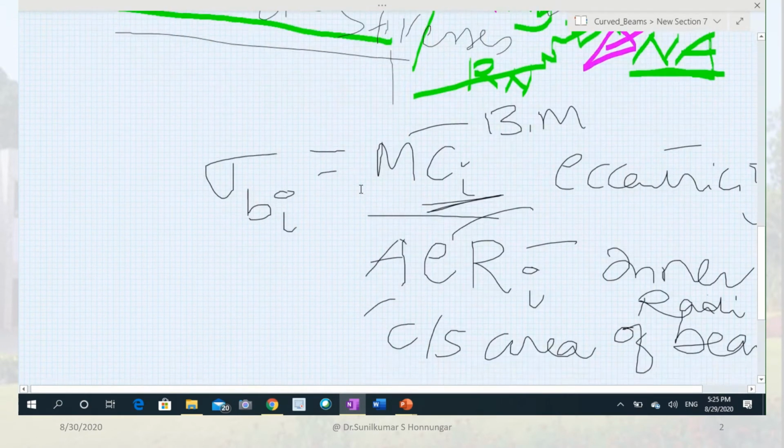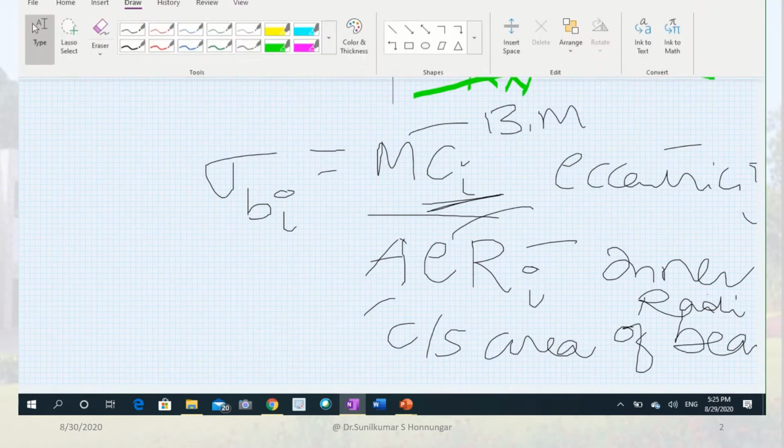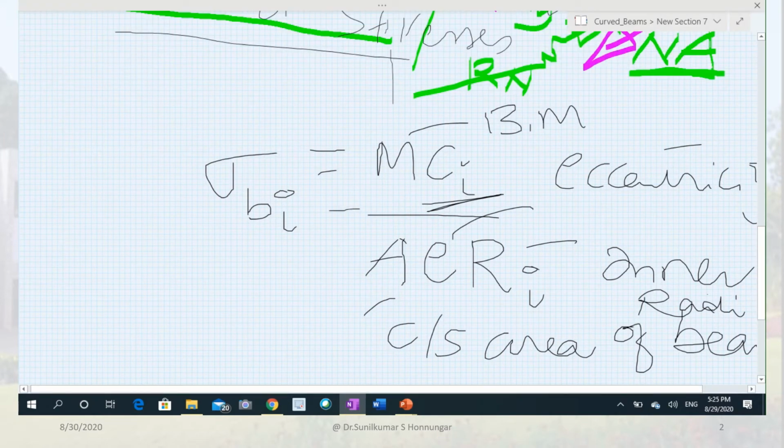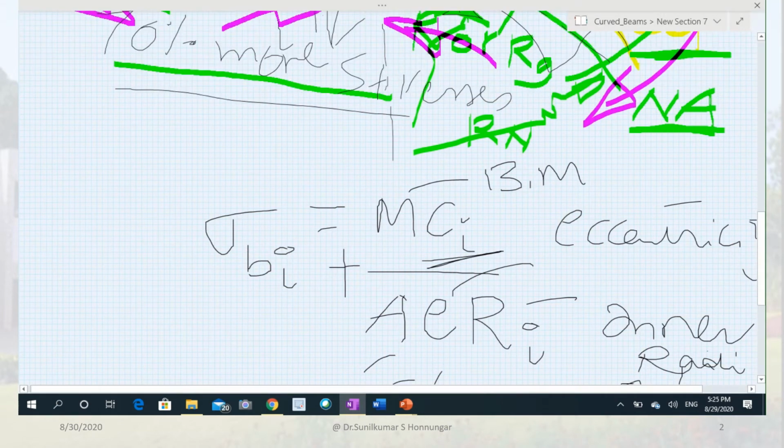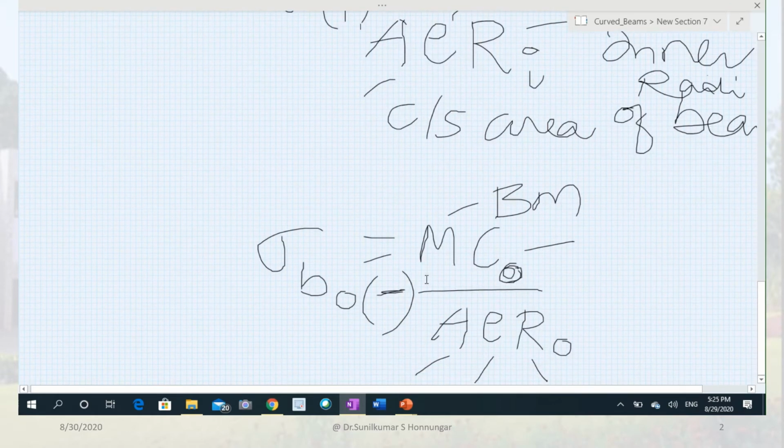When nothing is mentioned, it is automatically understood to be positive. Why? It is our sign convention. Tensile stresses we consider as positive, and compressive stresses we consider as negative. So quickly I will show you what Ci and Co are.